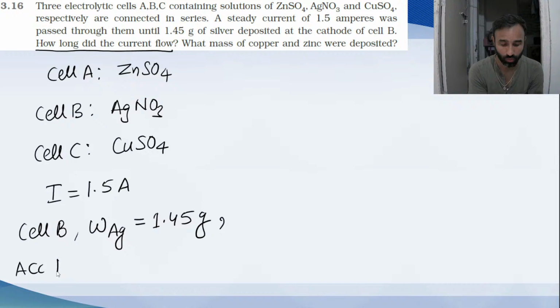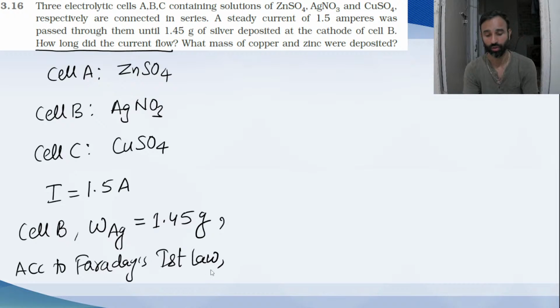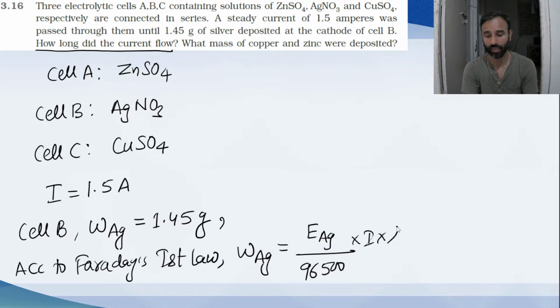According to Faraday's first law, weight of silver deposit equals equivalent weight of silver divided by 96500 into I into T.